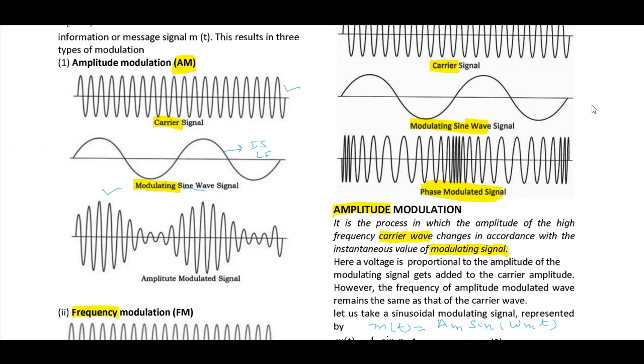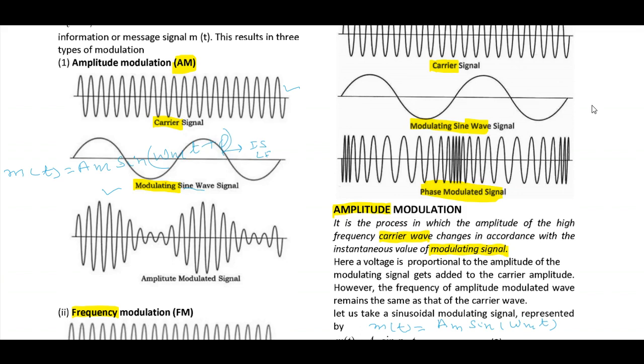This is the modulating signal, and the equation is m(t) is equal to Am sine omega m t plus phi. This is the signal.